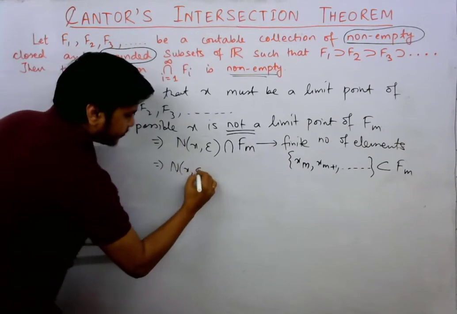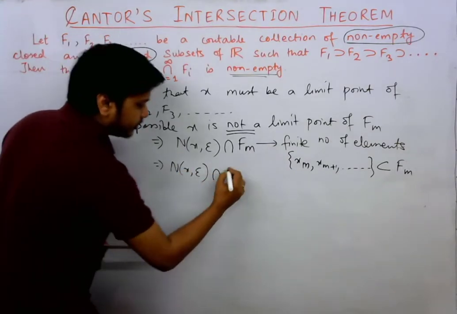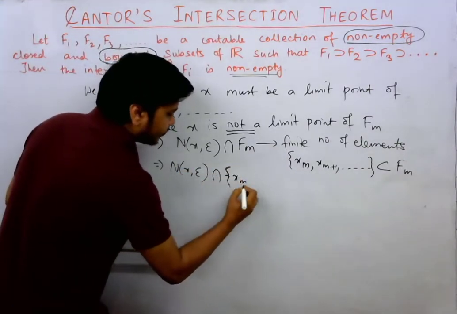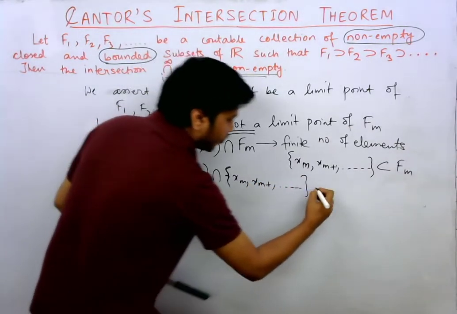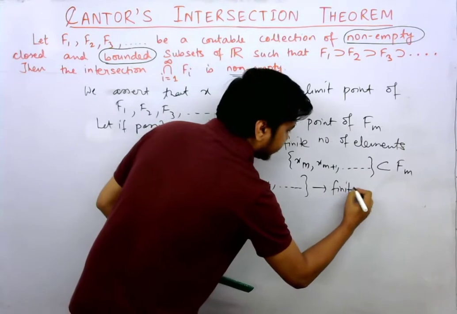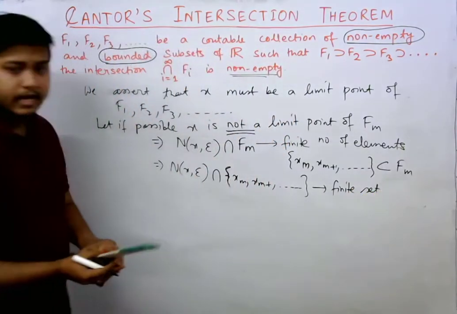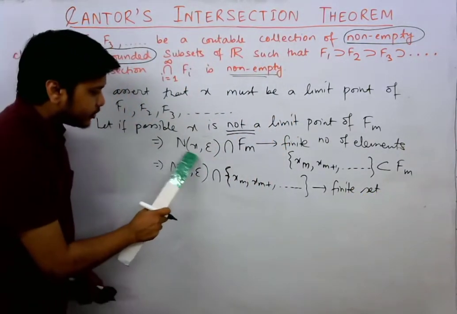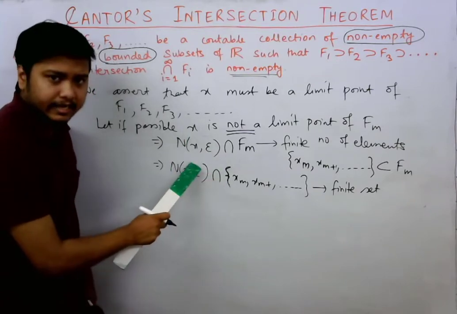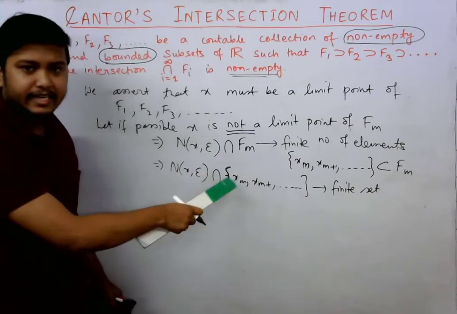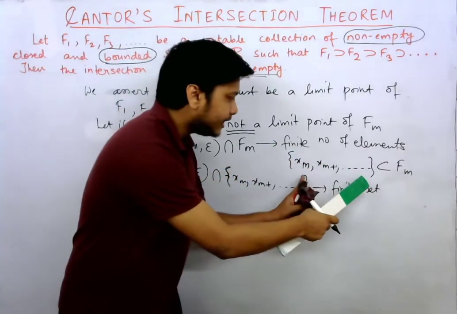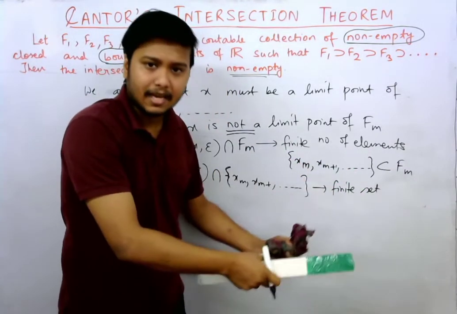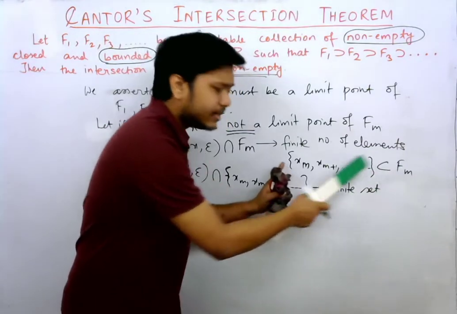in the intersection of the neighborhood of x with the set xm, xm plus 1, and so on, this is also going to be a finite set, right? Because if the intersection of some neighborhood with the Fm set is finite, and Fm contains these elements as well as many other elements, then I'm taking a subset of Fm.